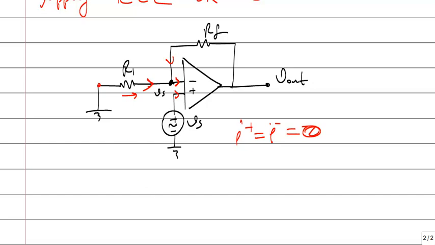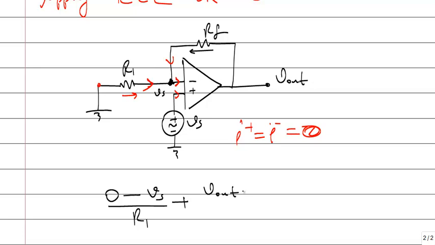Positive side node voltage. What? 0. Minus this voltage. V source. This voltage is V source, divided by resistance. Okay. Plus, what is this current?